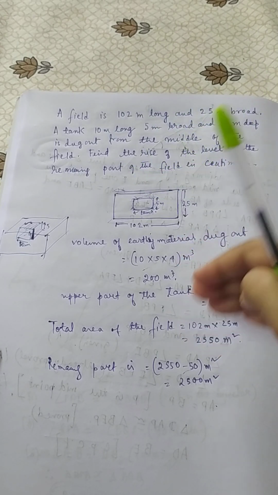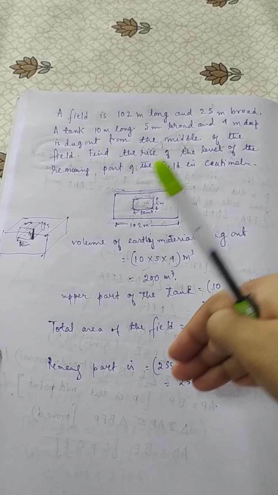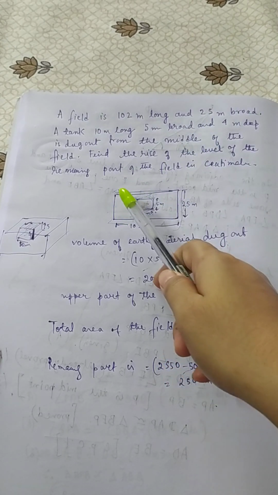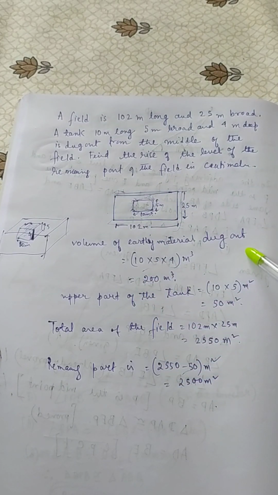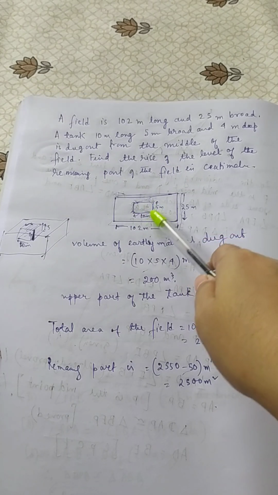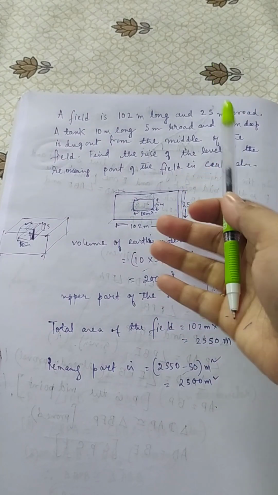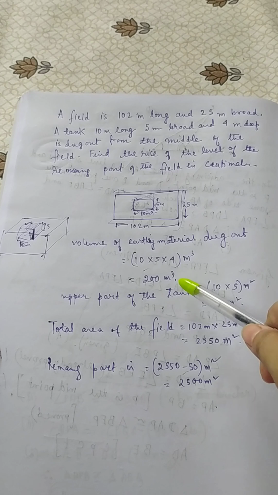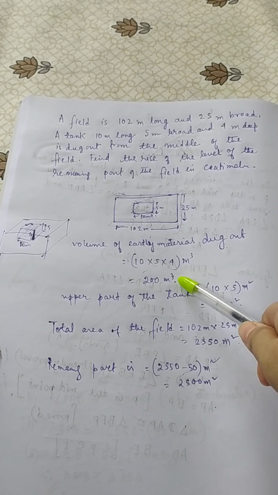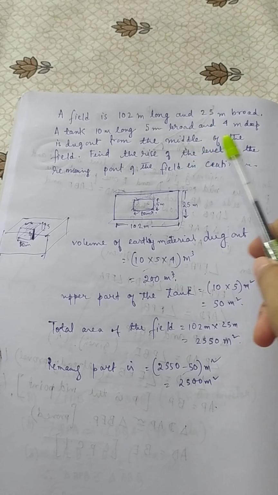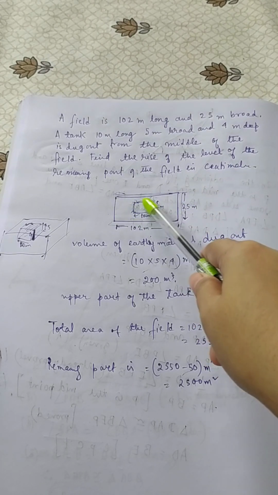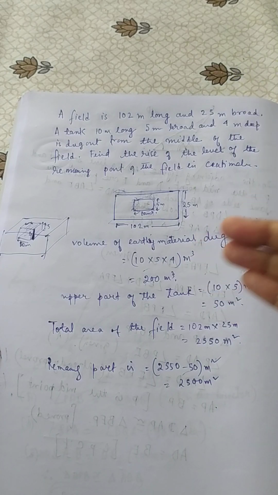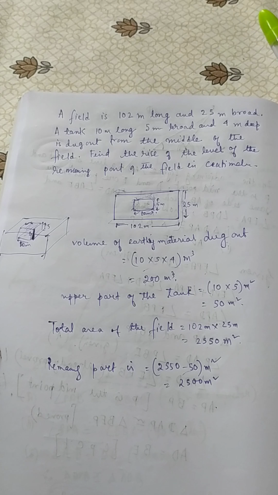Understood? Once again I am trying to discuss. We have found out the total area of the field, and also we have found out the total volume of the earthy material that has been excavated, in meter cube, and also we have found out the top part of this earthy material of the tank, right?